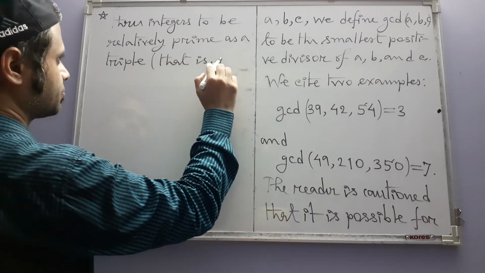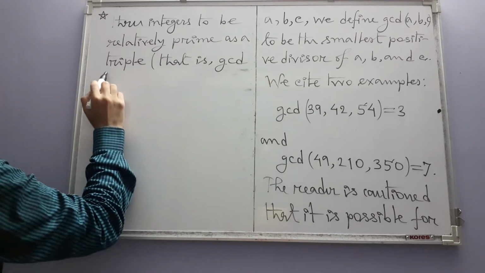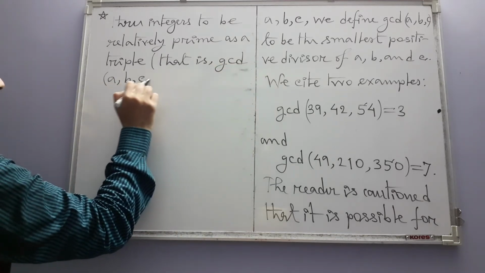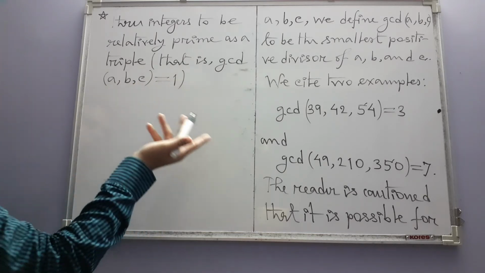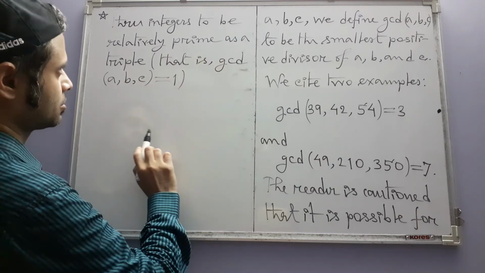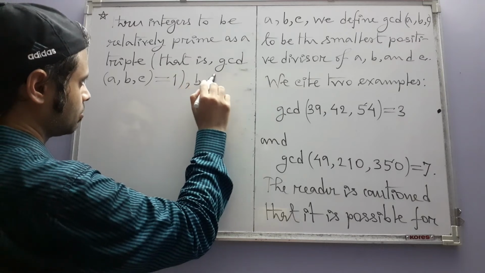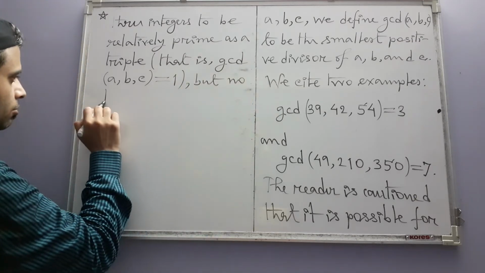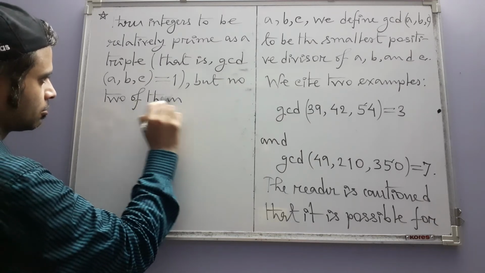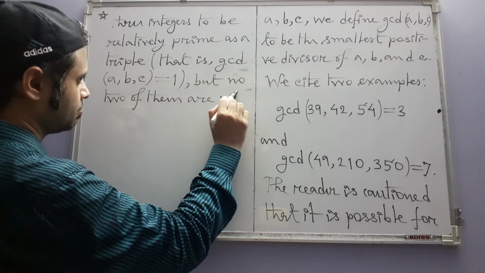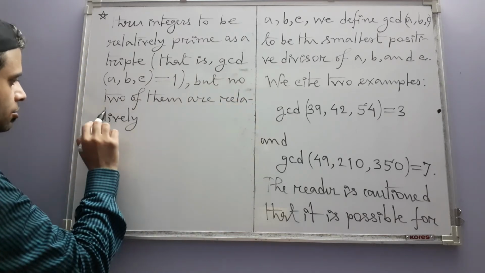That is, if A, B and C are the integers, this is what we mean by saying that they are relatively prime as a triple, but no two of them are relatively prime in the usual sense.